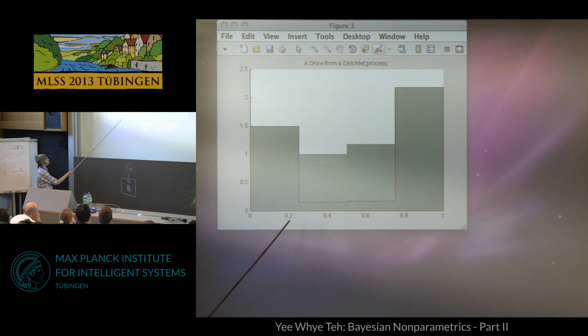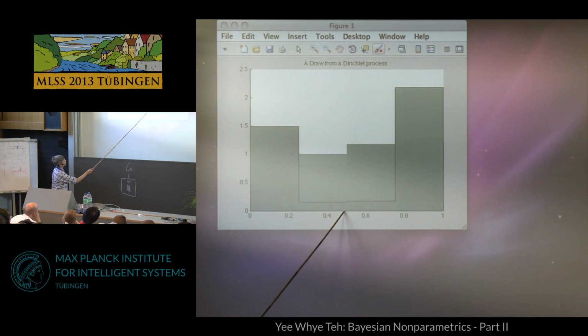G of this first quarter of the unit interval is 1.5, and you have to multiply that by 1/4 to give you the probability of this part of the space. So the area under this rectangle gives you the probability of this part of the space, and similarly for the others.